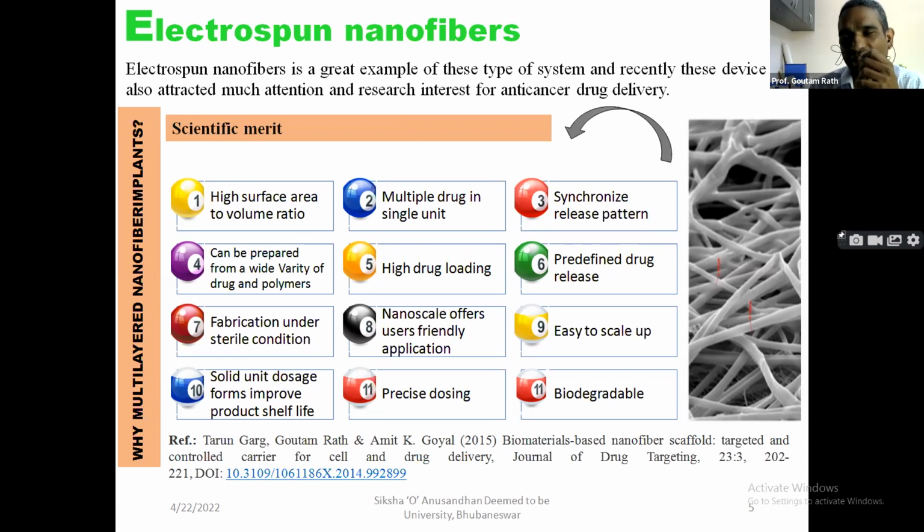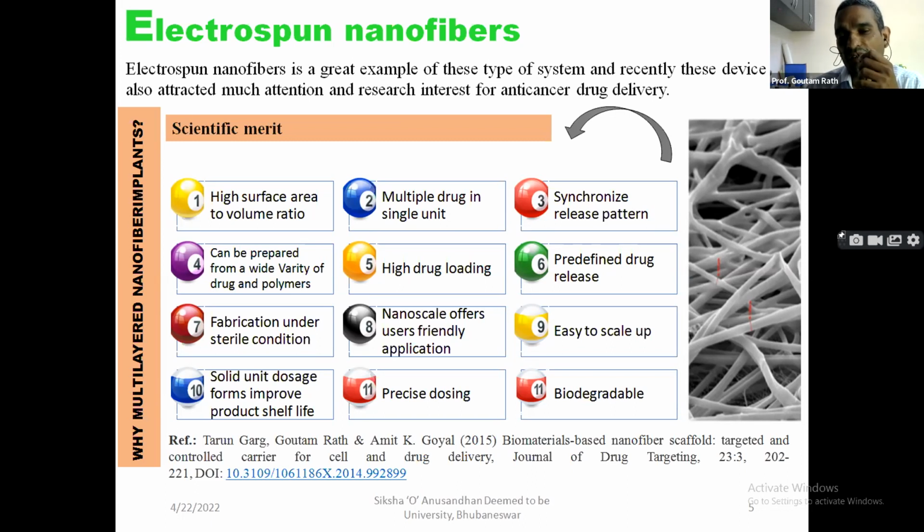Nanofiber is a solid carrier system, and the unit operation steps that are required to prepare the nanofibers are a single step. So it makes it easy for all of us to scale up, which is very, very difficult in other nanomaterials.